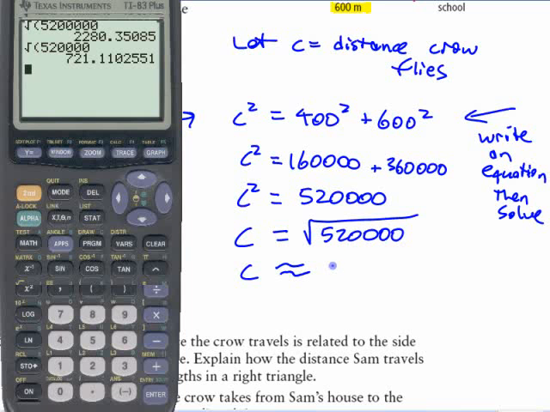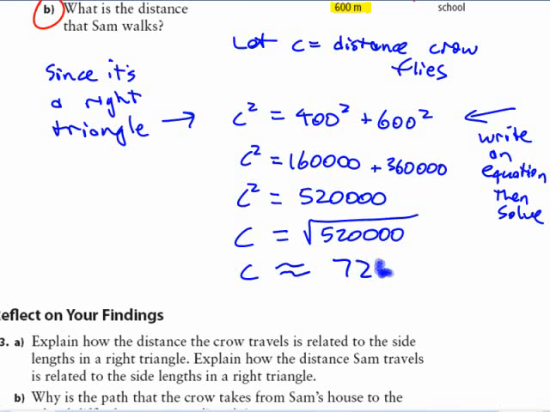Depending on how accurate, I would say for this question, since it doesn't say, I would say 721 is accurate enough. 721 meters, roughly. Maybe it's better to write it down here and say an actual sentence answer. Approximately 721 meters.